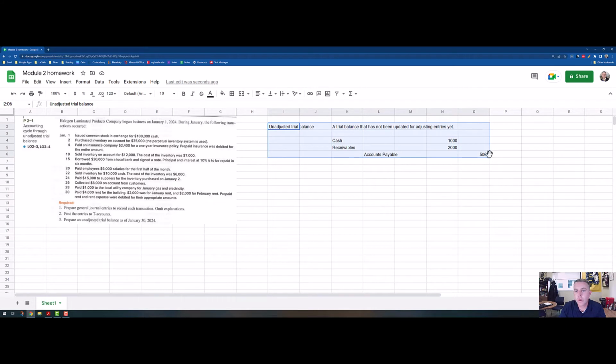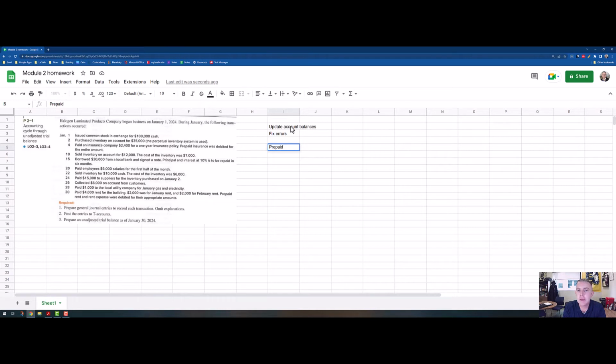And so what are adjusting entries? Adjusting entries are made to update account balances, right? They are going to be used to fix errors. And generally, they're recorded in 3 different situations. All right, so we're going to be doing prepaids.